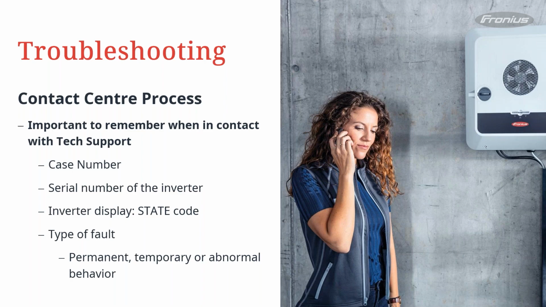If you don't have a case number, that's okay, but have the serial number of the inverter handy, or the state code or error code that's displayed on the inverter or on Solar.Web. You can also have the data logger ID of the inverter, which could come in quite handy, and the type of fault and what exactly is happening on site, so that it helps us to troubleshoot the issues really quickly.